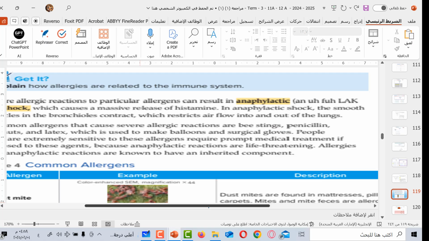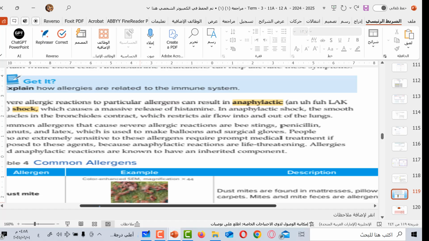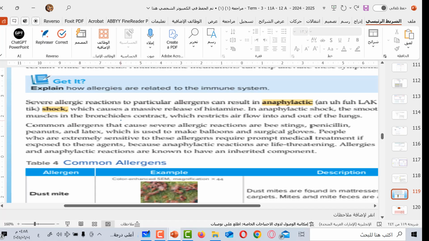أوكي، سوري، خلينا نشوف المكتوب. contract, which restrict air flow into and out of the lungs.